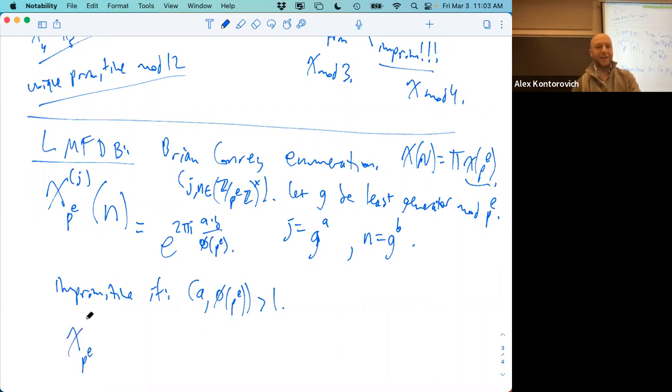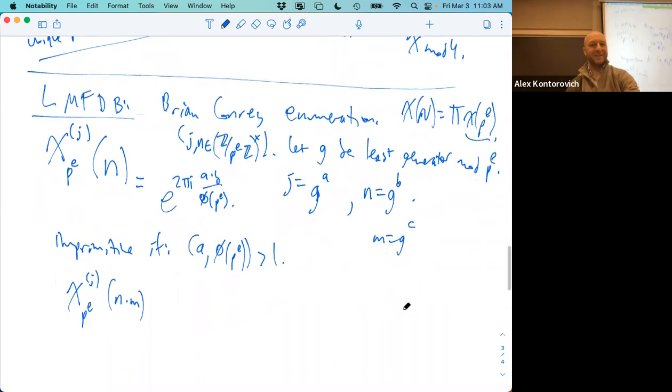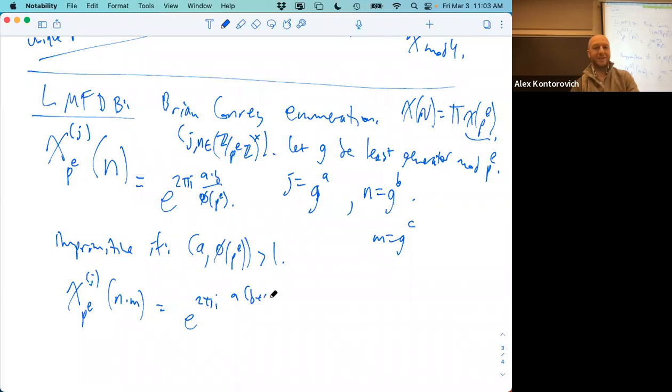Chi p to the e, the jth chi of n times m, if m is g to the c, so this is e to the 2 pi i a. Well, the product of n and m is g to the b plus c, b plus c over p to the e.